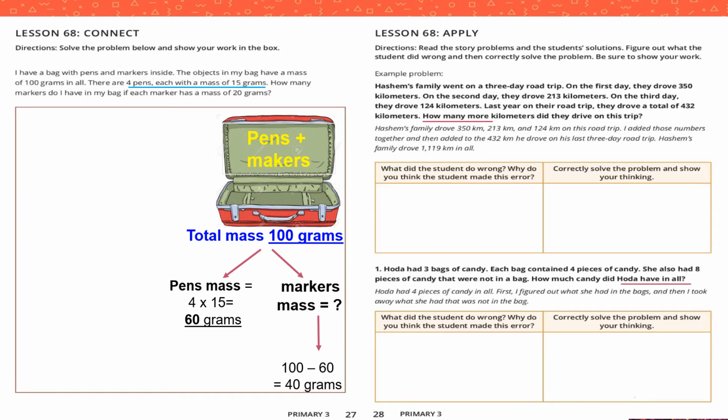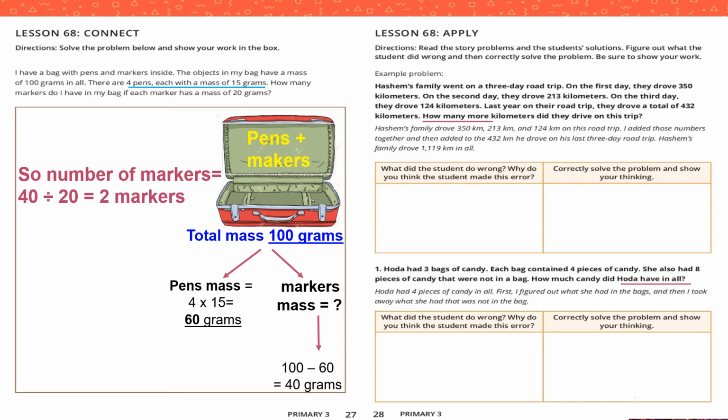But how many markers do I have? I know that each marker has a mass of 20. So the number of markers equals 40, which is the total mass, divided by 20.